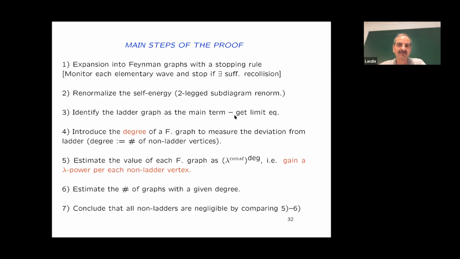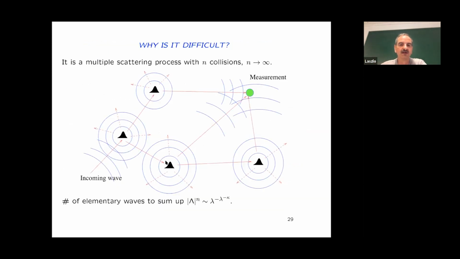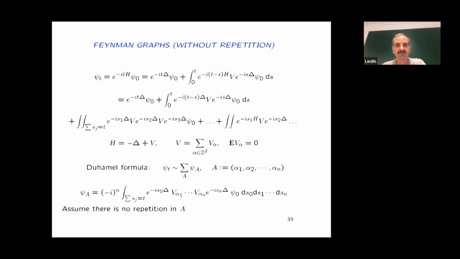And in this Feynman diagrammatic expansion, we can basically follow the evolution of these many elementary waves. The Feynman diagrams are a good bookkeeping tool to carry all the big combinatorics which come up when you follow the various typical evolutions here.